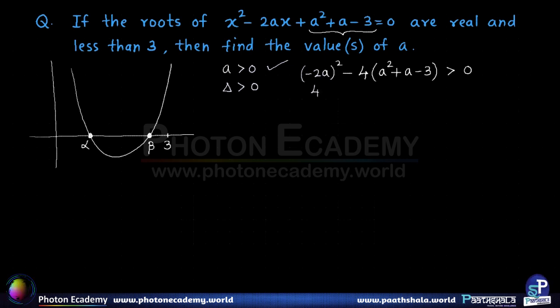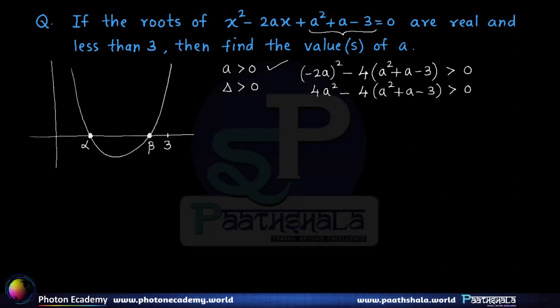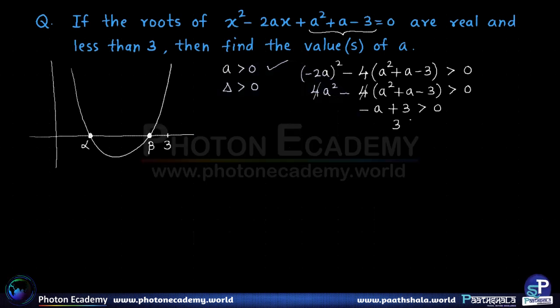So that is we have 4a square minus 4 into a square plus a minus 3 should be greater than 0. So cancelling 4, we'll also see that a square also gets cancelled. So finally we are left with minus a plus 3 is greater than 0. So 3 is greater than a. So that means a is less than 3.